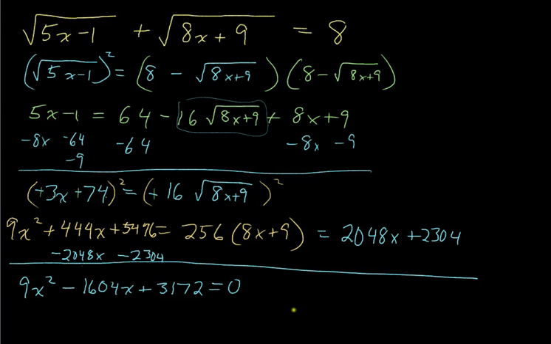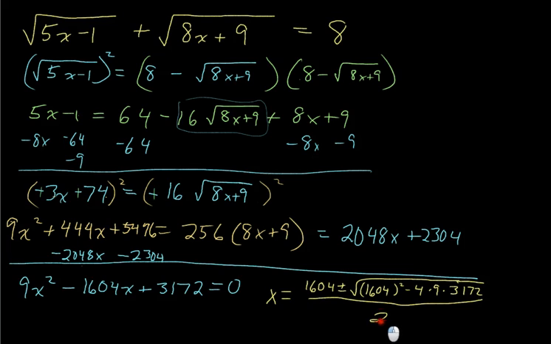So I'm going to cheat and use the quadratic formula, which is x equals negative b, so 1604, plus or minus the square root of b squared, 1604 squared, minus 4 times a, which is 9, times c, which is 3172, over 2 times a, so 2 times 9.